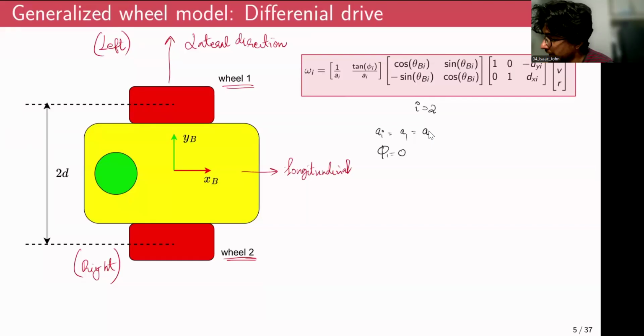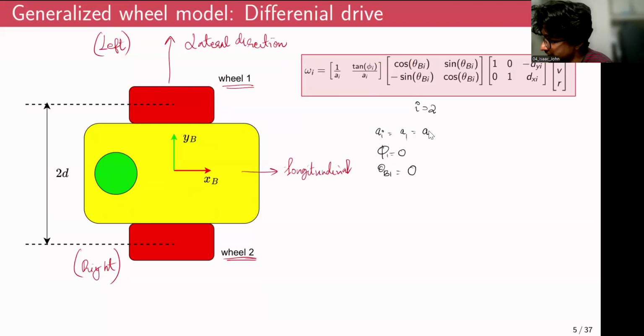And then what are the other parameters? We have this theta bi. So theta b1 is also going to be 0 because the wheels do not have any steering capabilities. The orientation of the wheels is fixed at all times.